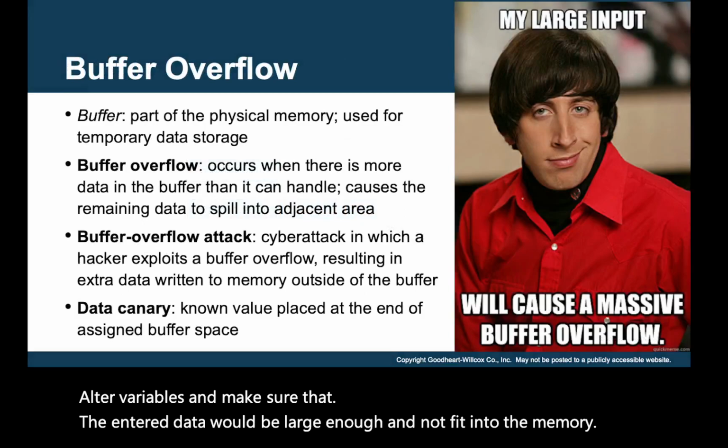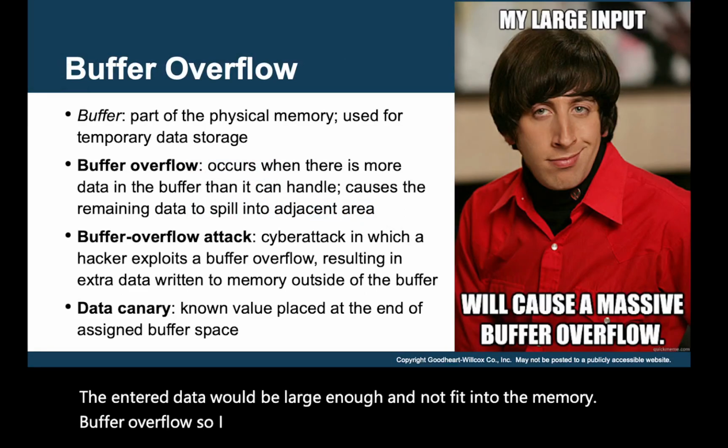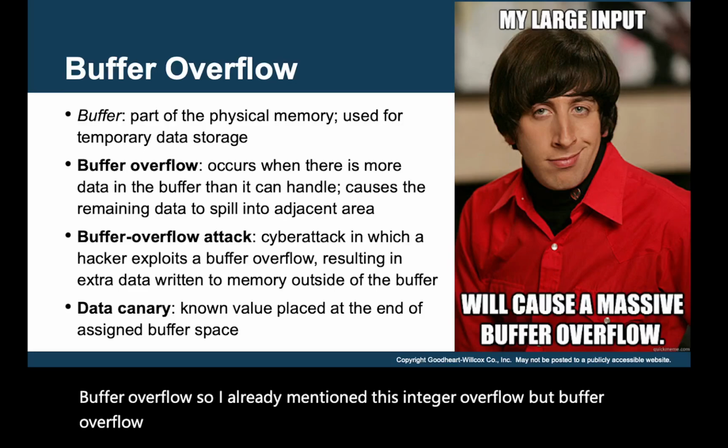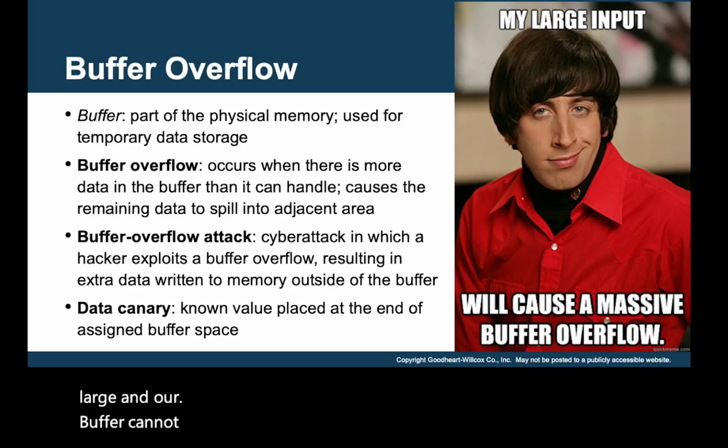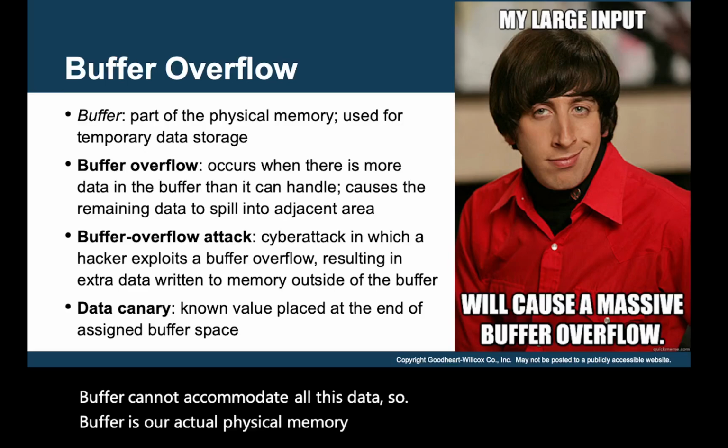Buffer overflow. I already mentioned integer overflow, but buffer overflow happens when the data that we're sending into the memory is too large, and our buffer cannot accommodate all this data. So the buffer is our actual physical memory, our RAM, and it stores temporary data, right?